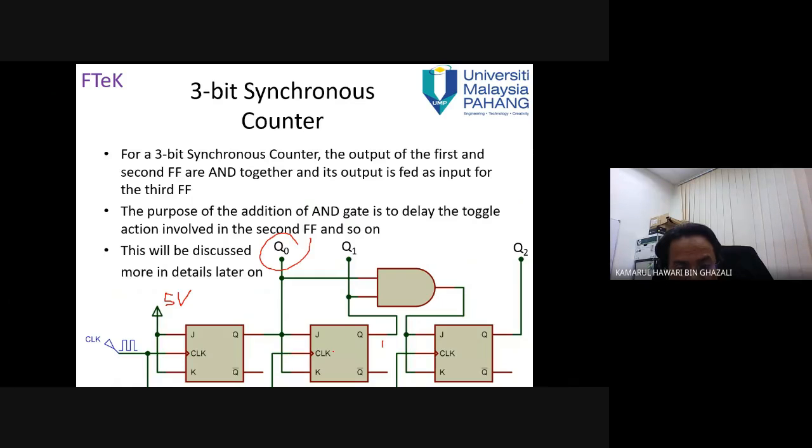Because these flip-flops depend on the same clock. So you can see the difference from the previous asynchronous counter. Once there is a clock, automatically these three outputs get their output at the same time, right? Without needing to wait for the output from the first flip-flop to become the clock for the next flip-flop.